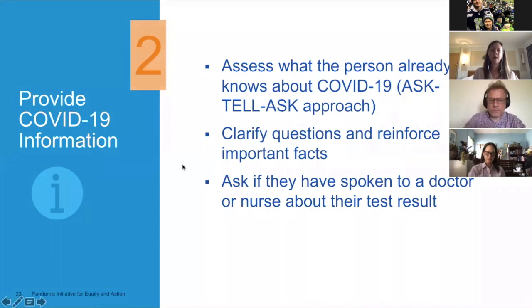Okay. Then you want to provide information on COVID-19, and using an ask, tell, ask approach to see what do people already know. Most people, especially if they've already been tested, probably have a general idea of some of the basics of COVID-19, but you want to answer any of their questions and reinforce all of the key information about symptoms, isolation, and also clarify if the case has already spoken to their doctor or nurse about their test result.